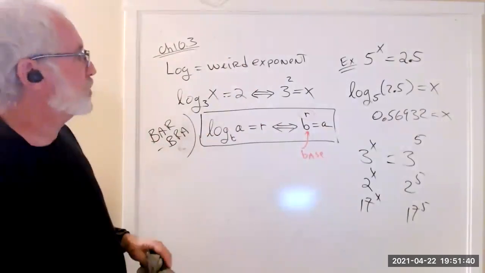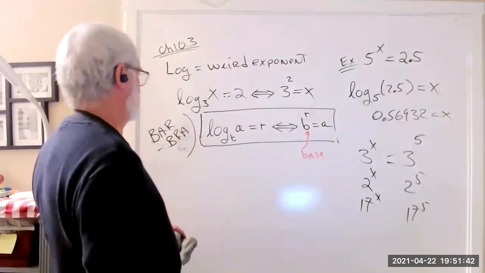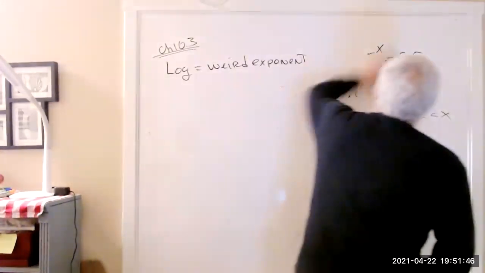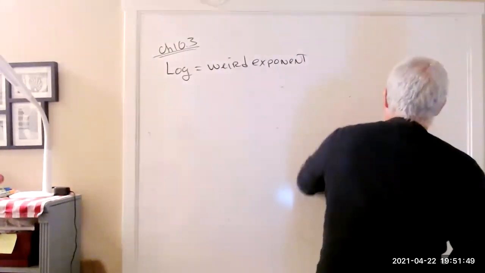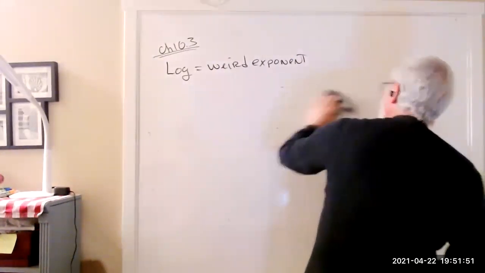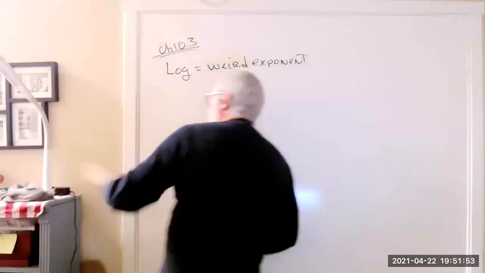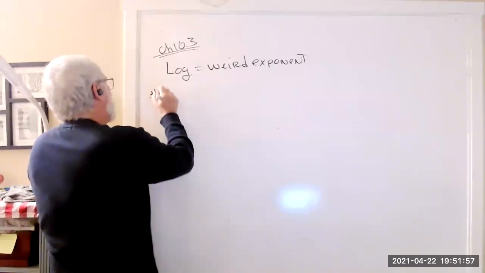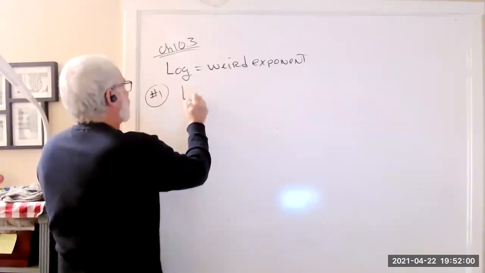Now, I want to start by introducing some basic log laws, basic laws of logarithms. The first and the most basic, the number one thing you have to know, is the bra-bar rule.